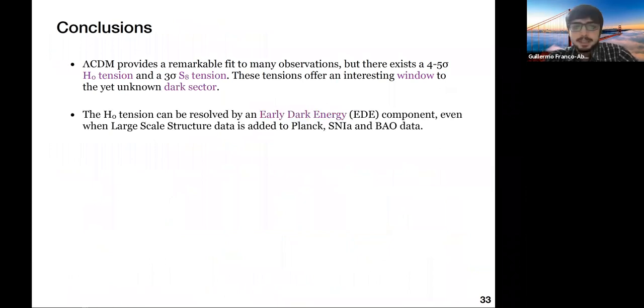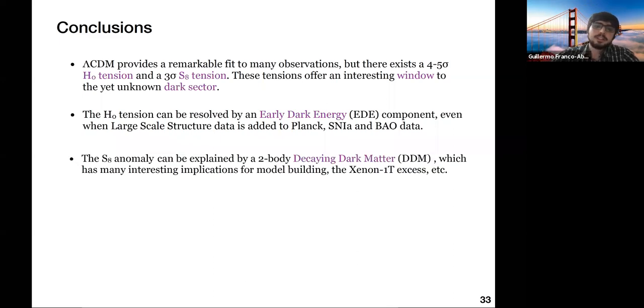We have seen that the Hubble tension can be resolved by an early dark energy component, even when we add the large-scale structure data to the combination of Planck, BAO, and supernova. We have also seen that the S8 anomaly can be explained by a model of two-body decaying dark matter. Apart from explaining this anomaly, this model is very well motivated because it has implications for model building, for the xenon excess, and for small-scale crises.